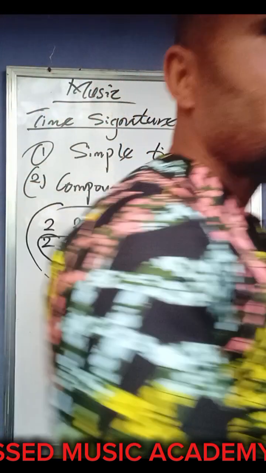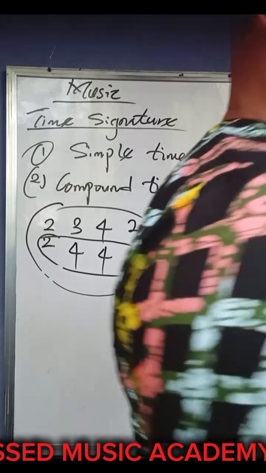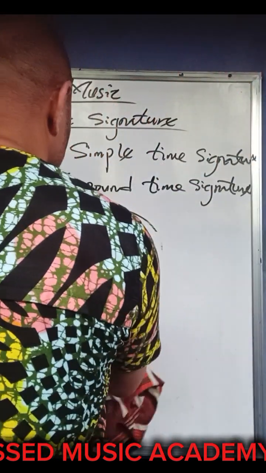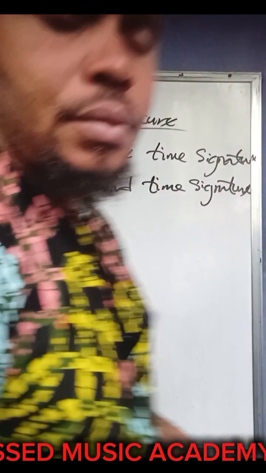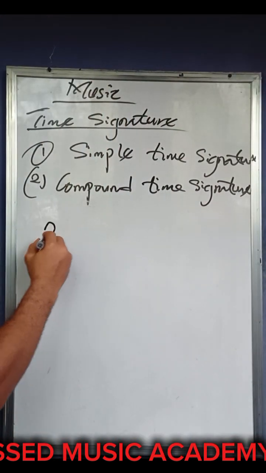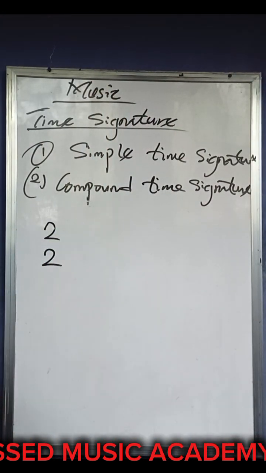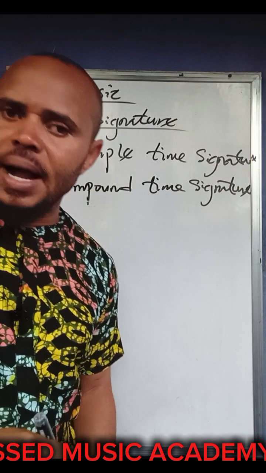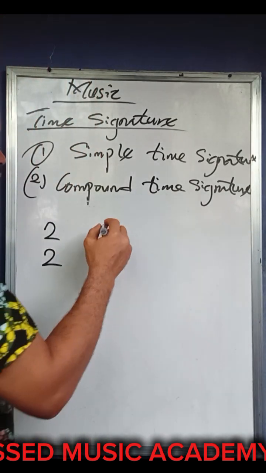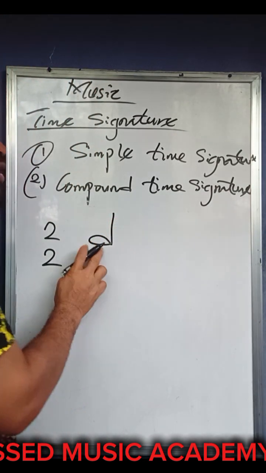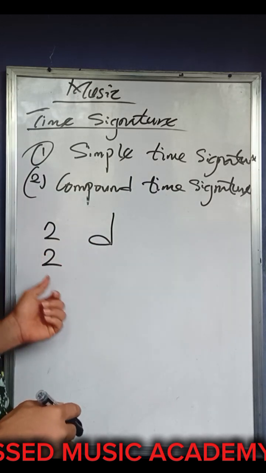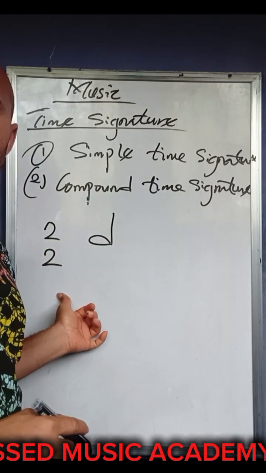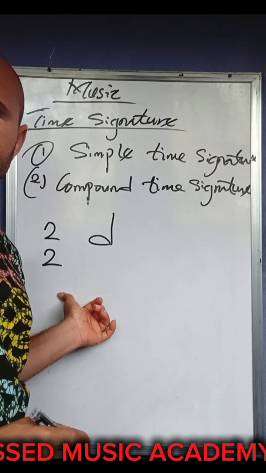Now, what do I mean by 2-2? I'm going to explain what I meant when I say 2-2. 2-2 means two minim beats in a bar. Remember our musical notes, this is a minim. 2-2 means two minim beats in a bar.